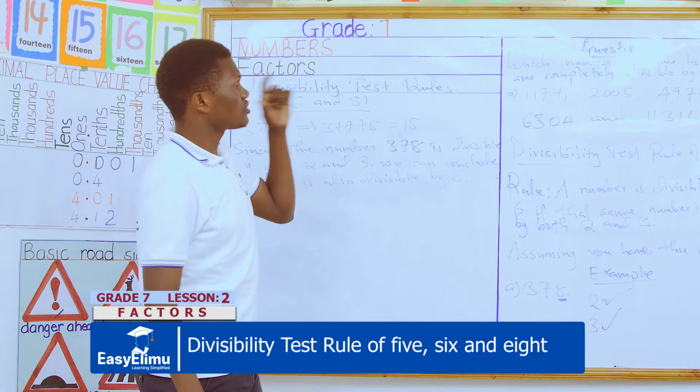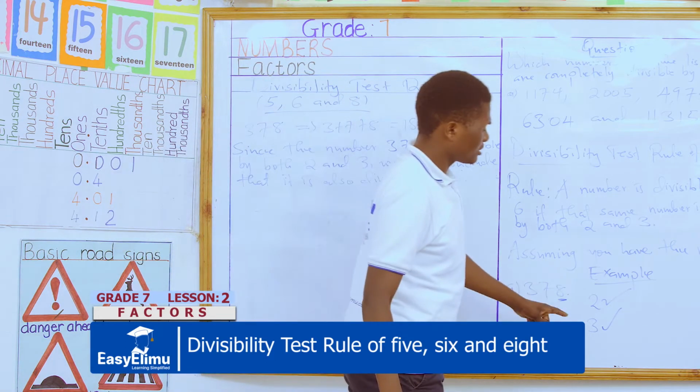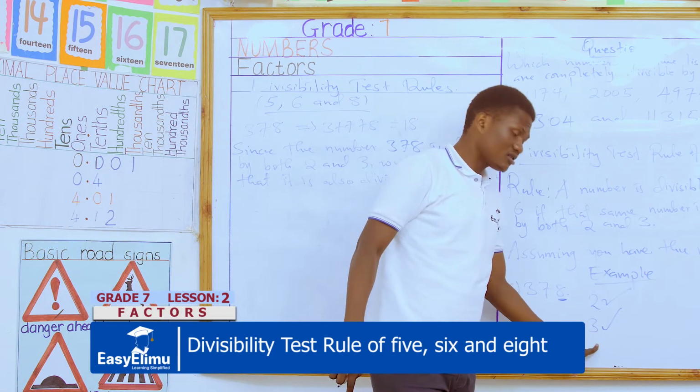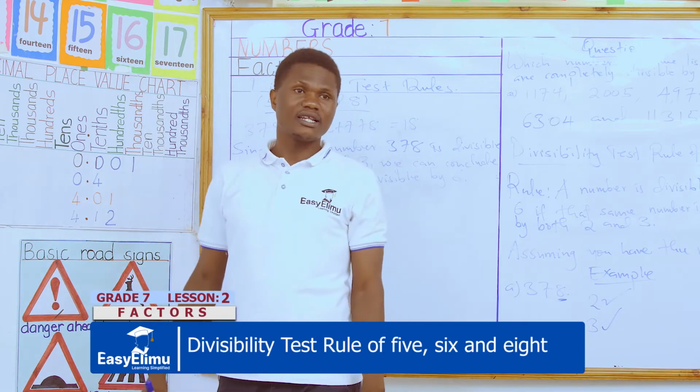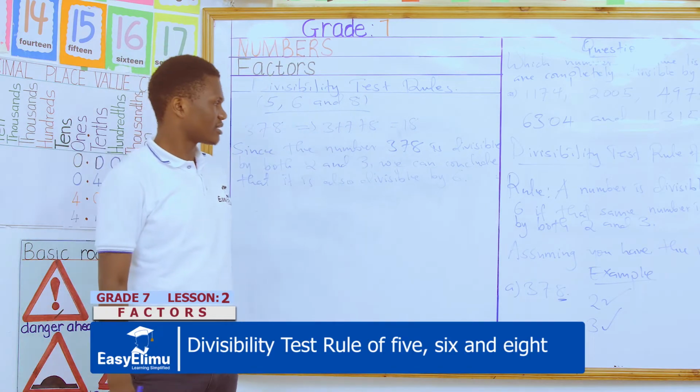So in this case, you need to remember the divisibility test rule of 3 and 2. Technically, that is the divisibility test rule of 6.